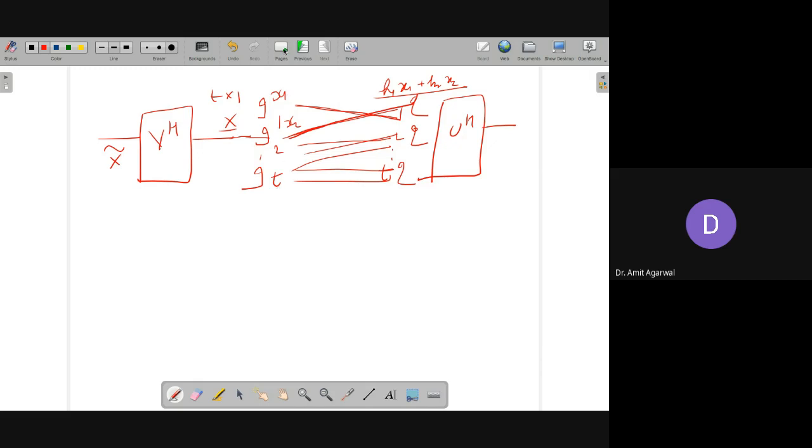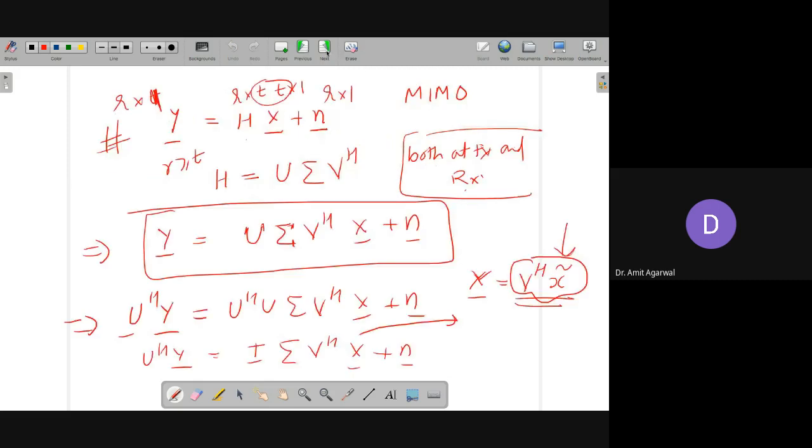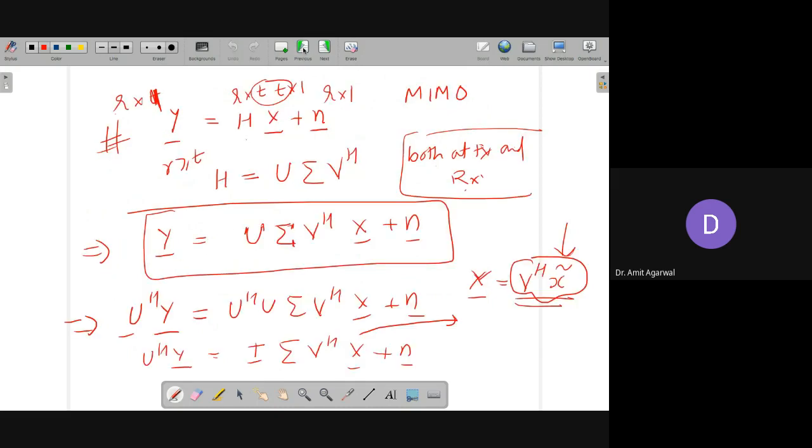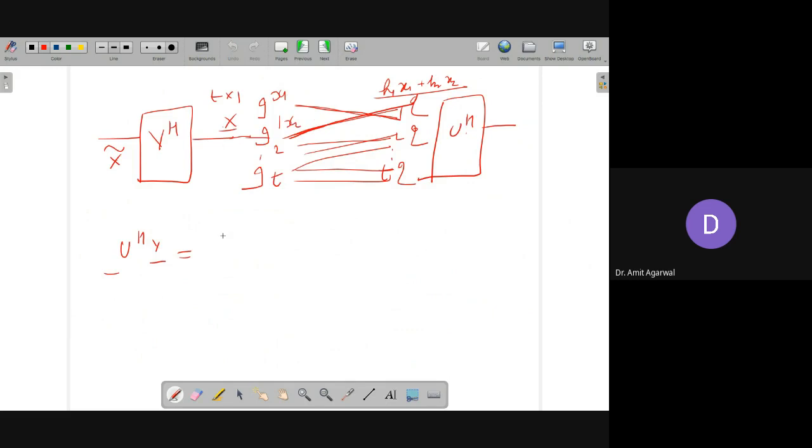So just see here what we have done. We said that we first multiply your x tilde by V and then we transmit it. And then here we multiply with U Hermitian. So we have already multiplied with V and we've seen that our signal is sigma V Hermitian x plus n, and x is nothing but V x tilde.